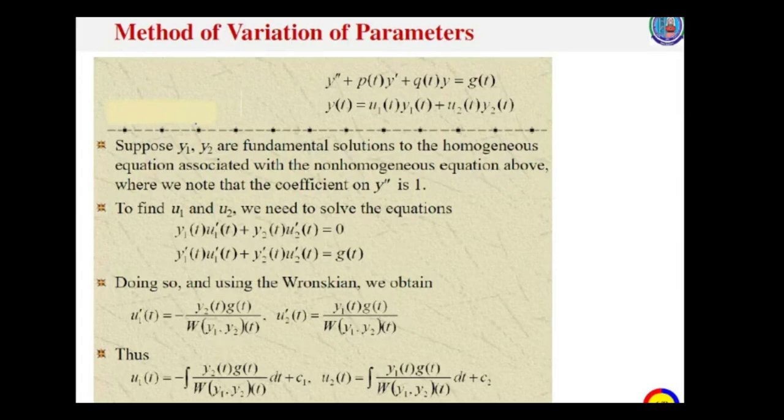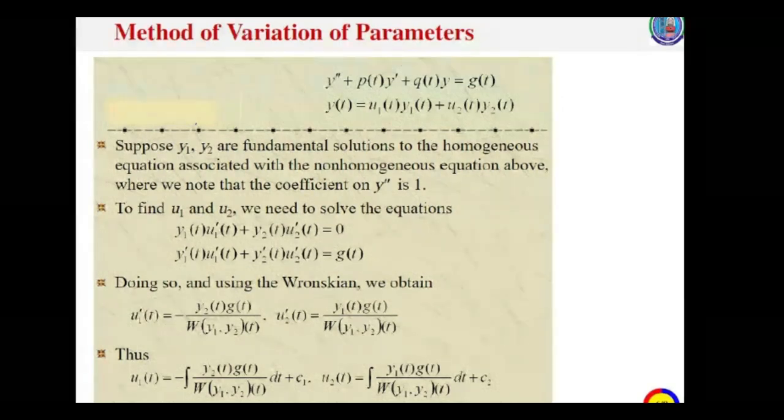So u1 is given by minus integration of y2 into the non-homogeneous part g(t) divided by the Wronskian, into dt, plus c1, that is your u1. And u2 is given by integration of y1 into the non-homogeneous part g(t) divided by the Wronskian of y1 and y2, into dt, plus c2.